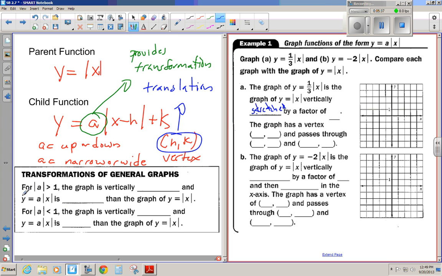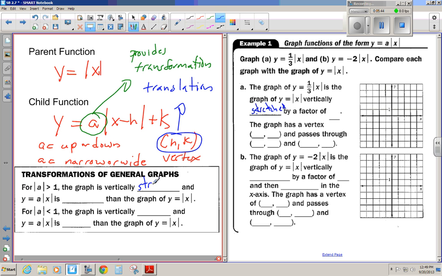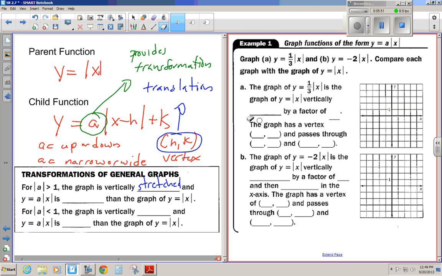The graph is vertically stretched if a is greater than 1, and y equals the absolute value of ax is narrower.